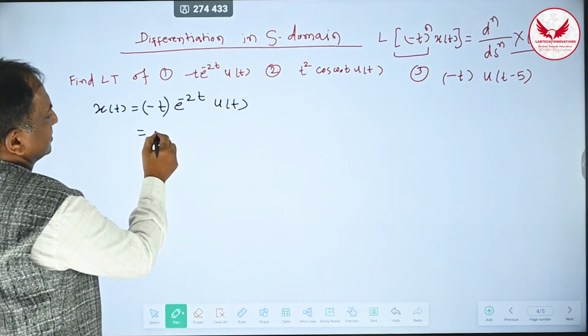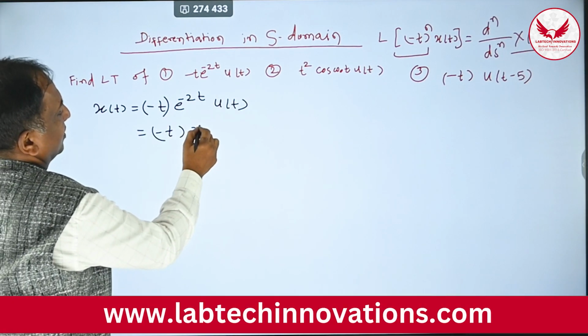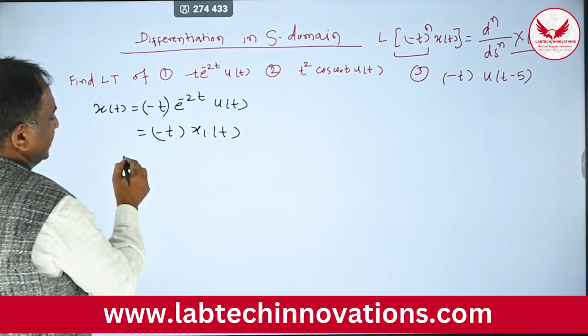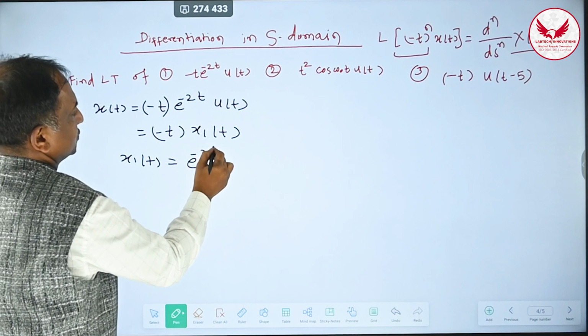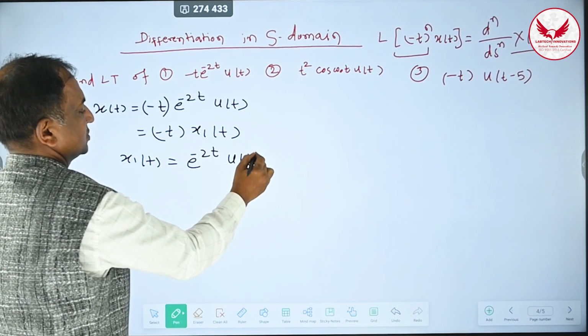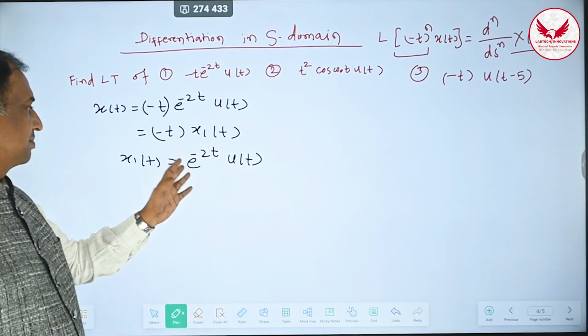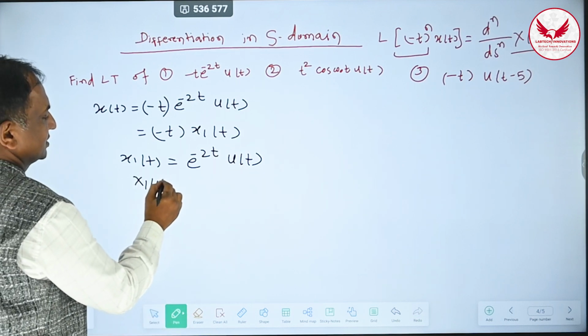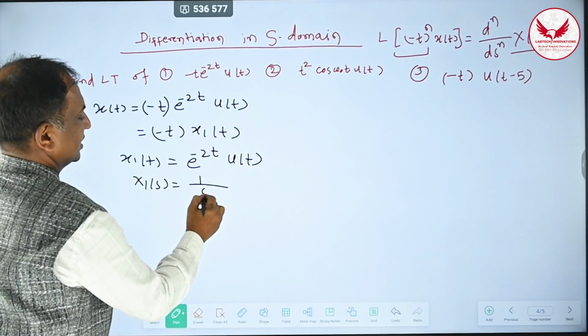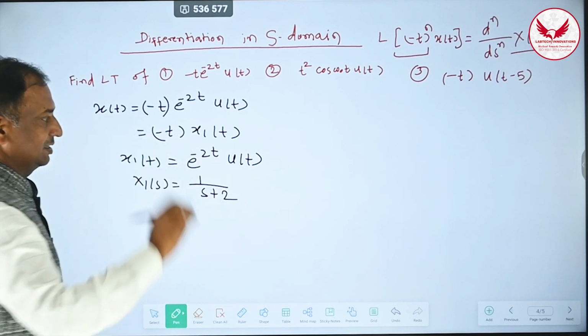So I will write this as minus t into x1 of t. Let x1 of t be equal to e raised to minus 2t into u of t. So we know the Laplace transform of e raised to minus 2t u of t. Therefore this x1 of s is equal to 1 upon s plus 2.